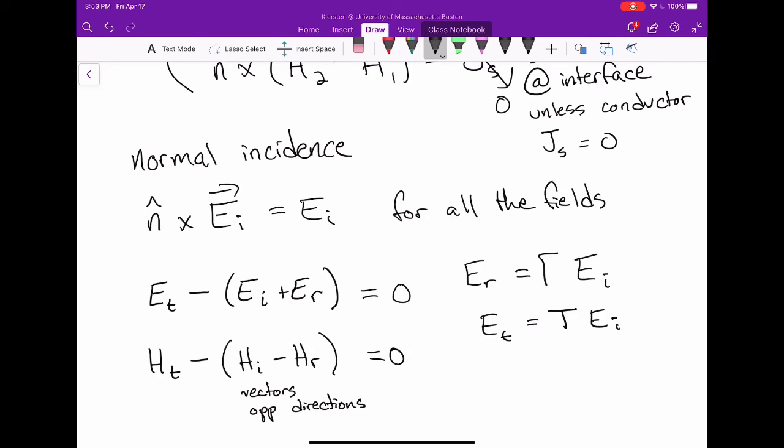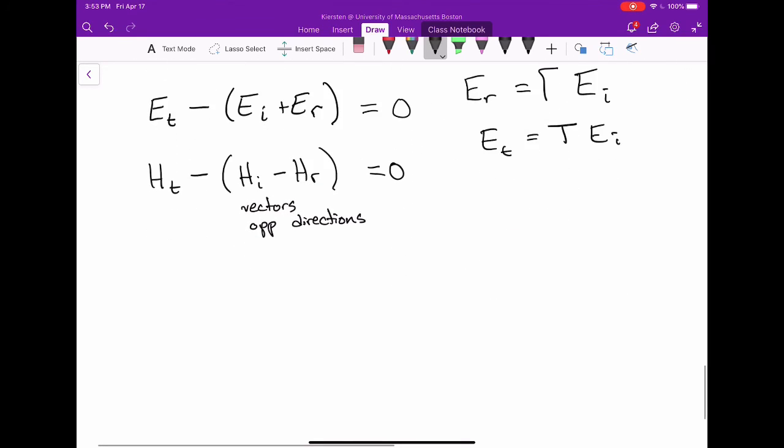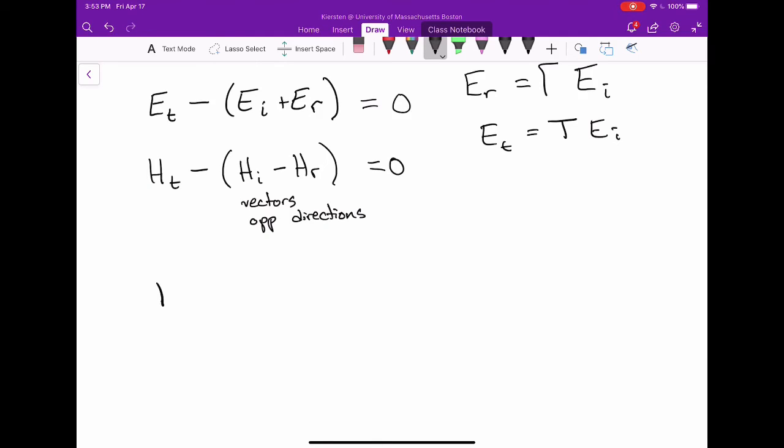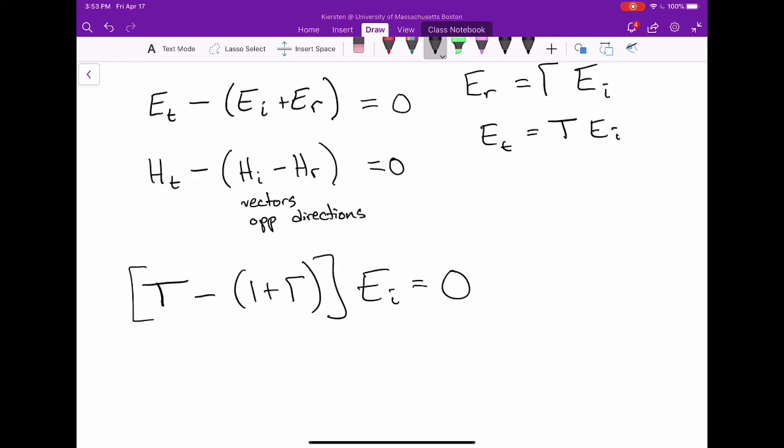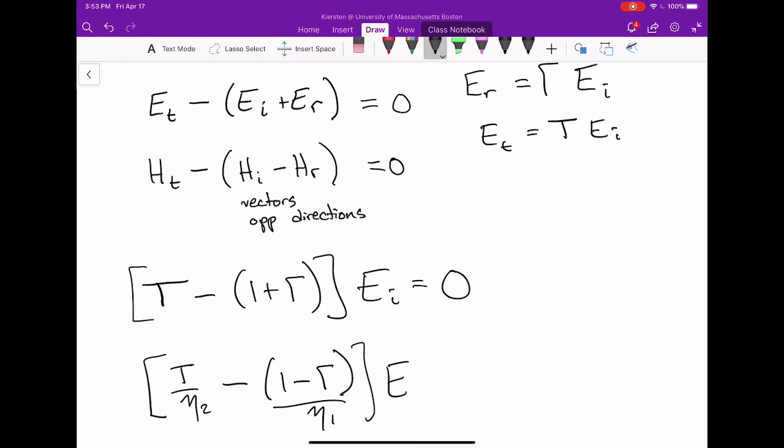Based on that and our intrinsic impedances for the two media, we can simplify those equations further, and then we get T minus 1 plus gamma all times the incident electric field equals 0. And then we get T over eta 2 minus 1 minus gamma over eta 1 all times the incident electric field is equal to 0.